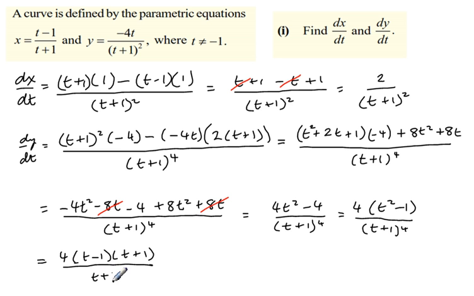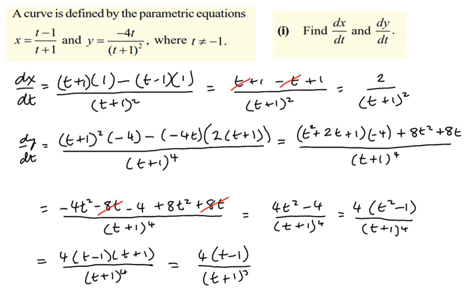And underneath the line I have t plus 1 to the power of 4. I have a t plus 1 above and below the line that will cancel out. So this now becomes 4 into t minus 1, over t plus 1 to the power of 3. And that's the neatest way I can write dy/dt.